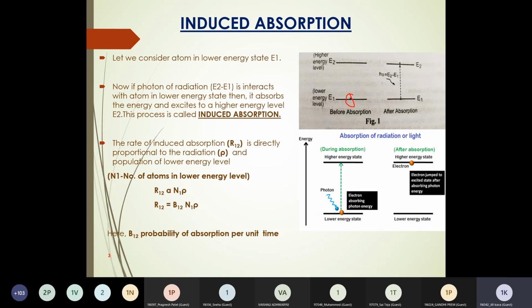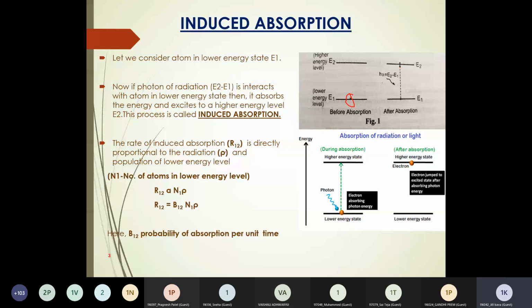It is shown in the figure that before absorption the atom is at lower energy state, and after absorption by gaining the energy it is at the higher energy state.